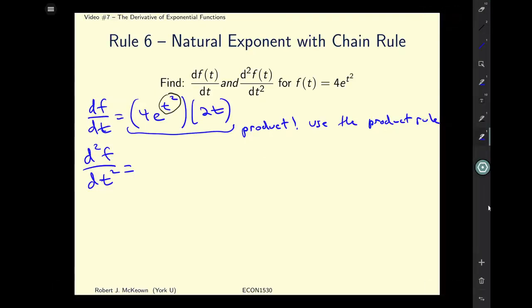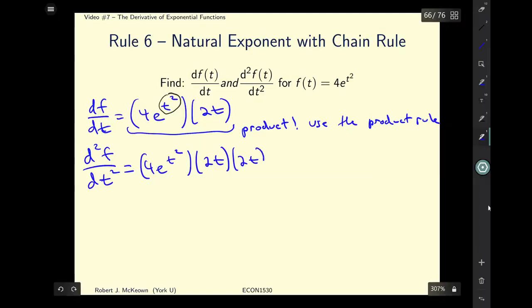So I'll apply the chain rule to find the derivative of the first product. And we get e to the t squared times 2t multiplied by this thing, the second product, plus 2, the derivative of this thing here, multiplied by e to the t squared.